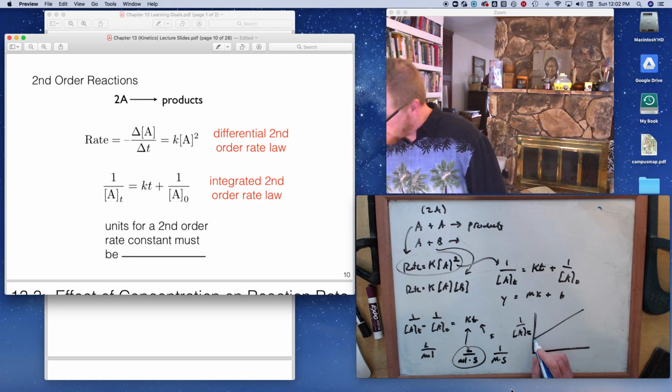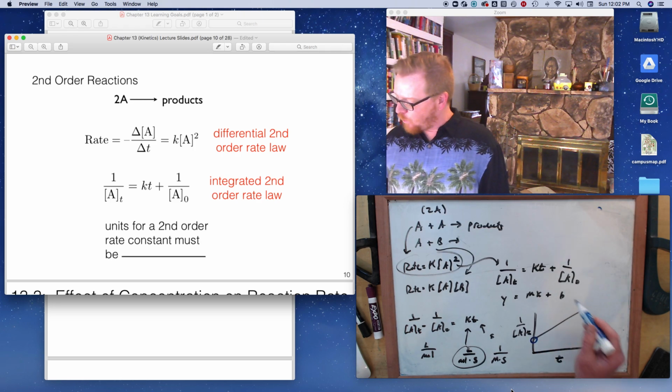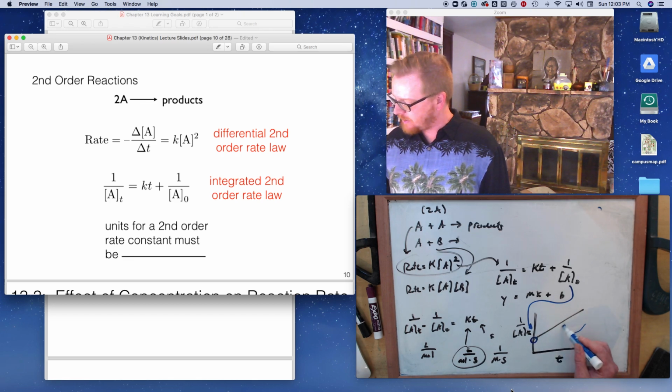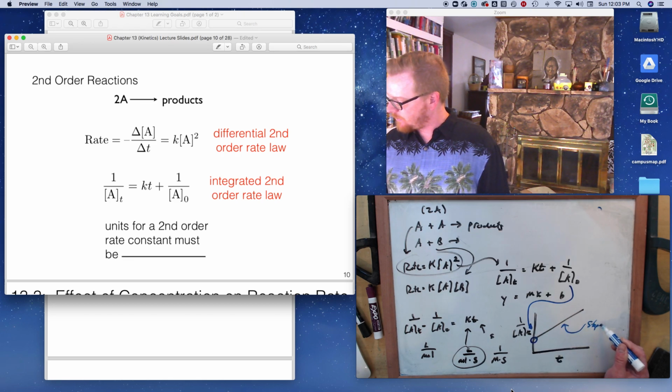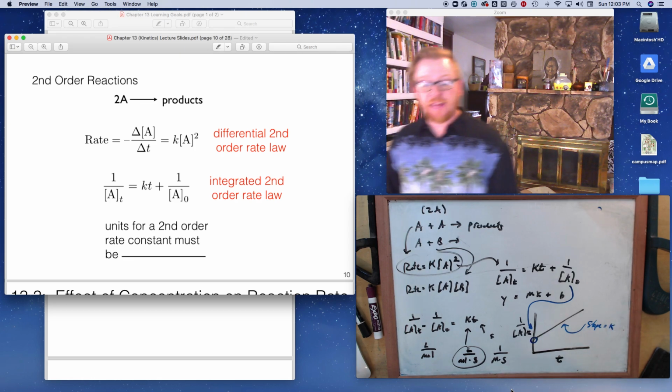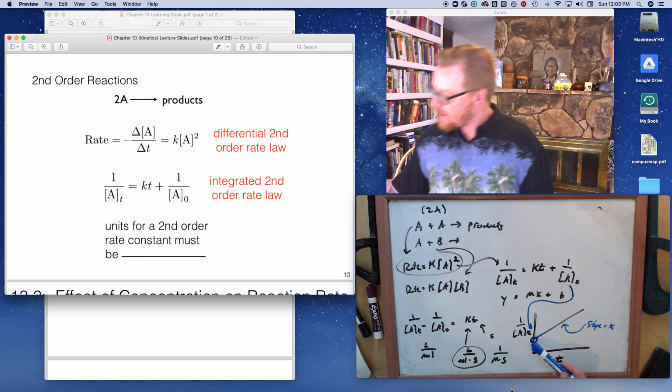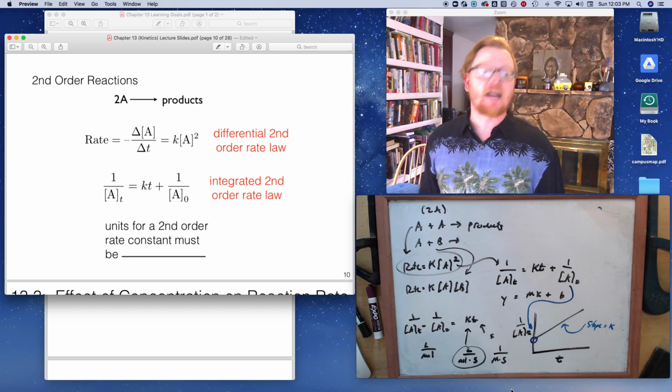My intercept right here will be 1/the initial concentration, and the slope will also be the rate constant. It's a constant slope throughout the whole time, which is also very cool.